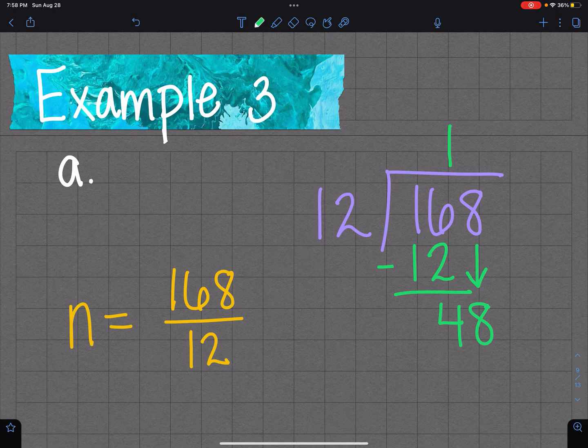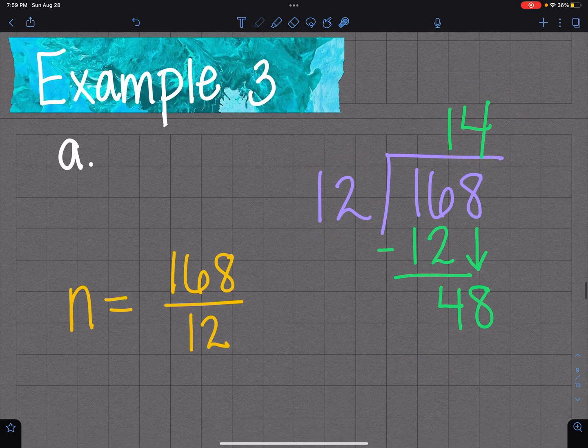12 going into 48 now. So I have to think to myself, how many times does 12 go into 48? It goes in there 4 times. So I'm going to put a 4 up here, and then I'm going to do 4 times 12 and write the answer here. 4 times 12 is 48.